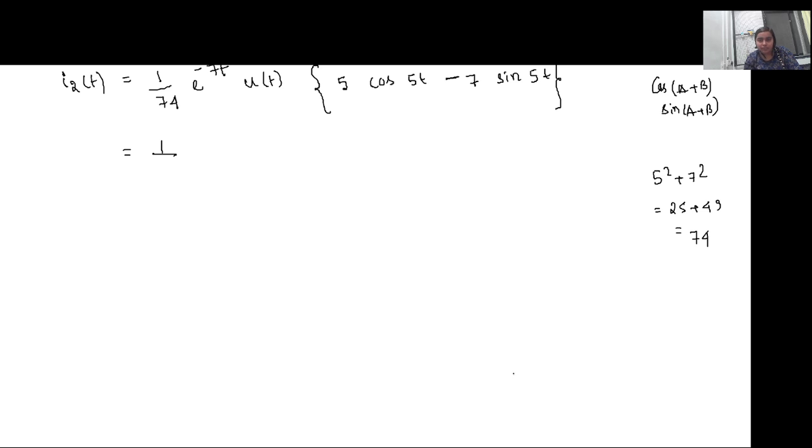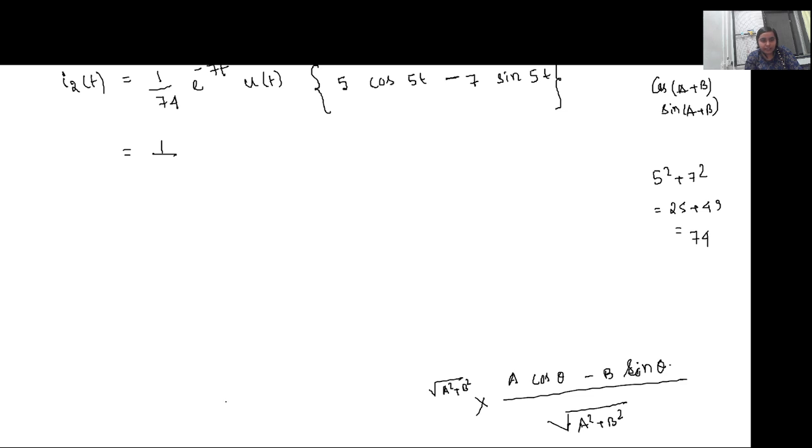If there is a into cos of something minus b into sine of something, we normalize this by multiplying the magnitude in the numerator and denominator, square root of a square plus b square, and we write it like this. So this is basically cancelling out and giving the same expression. Why do we do this?